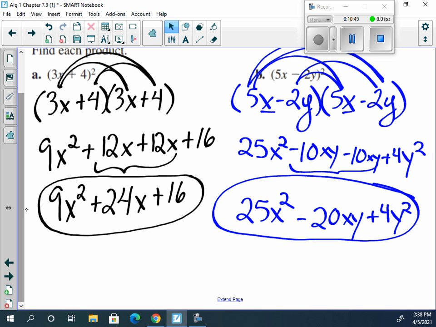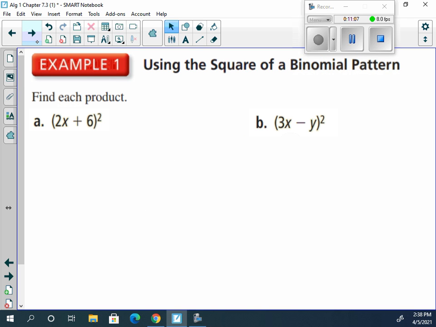Any questions on any of this here? How do we feel about these? Feel good about these here? Are they any real different than what we did last week with multiplication? No. It's just another way that we can look at these and write these.